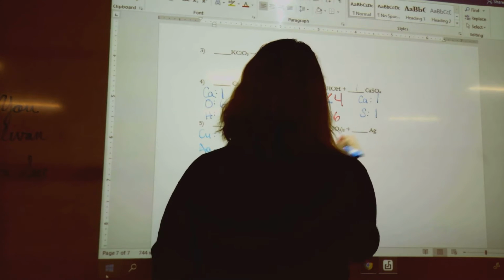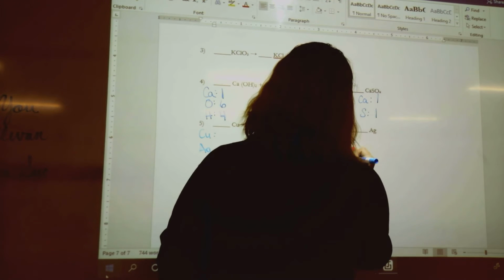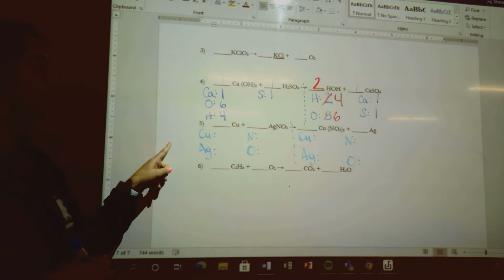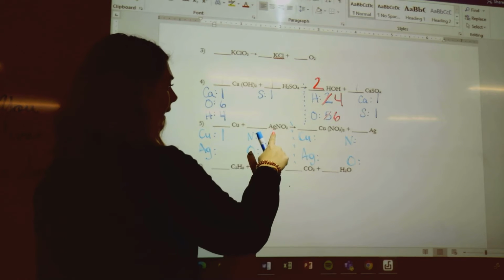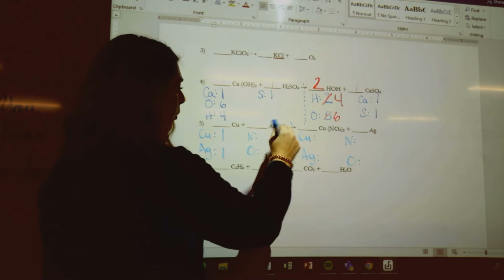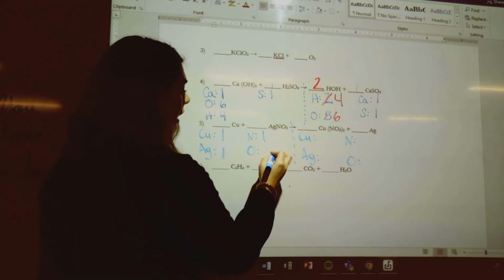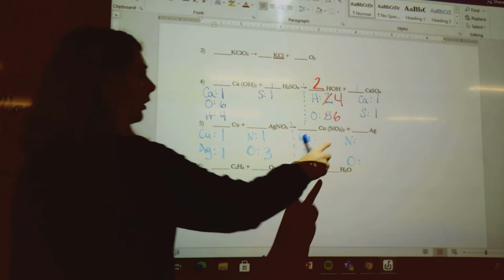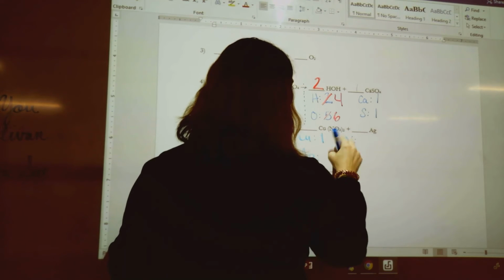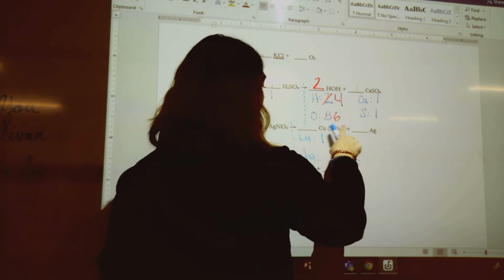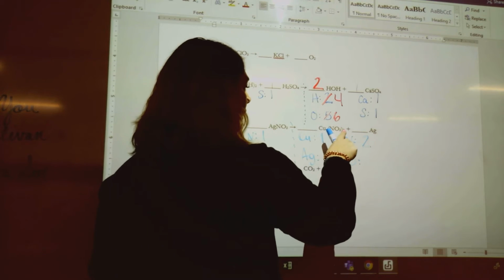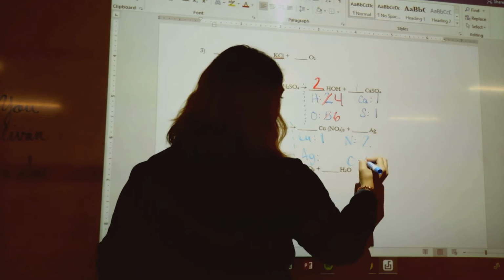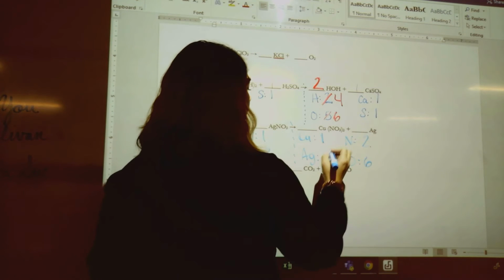Ag, N, O. All right. So on this side I have 1 Cu, 1 Ag, 1 N, 3 O's. Over here we got 1 Cu, 2 distribute, so I got 2 N's, and 2 times my 3 oxygens, 2 times 3 is 6 oxygens, and 1 Ag.